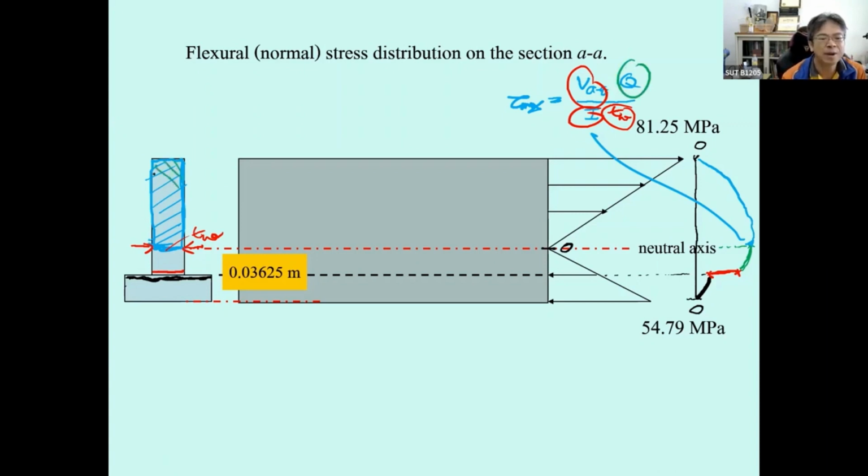The Q can be determined based upon this green area, or you may use this bottom area to determine the Q. But the yellow area is divided into 2 portions, so it's not convenient to use this bottom yellow area.